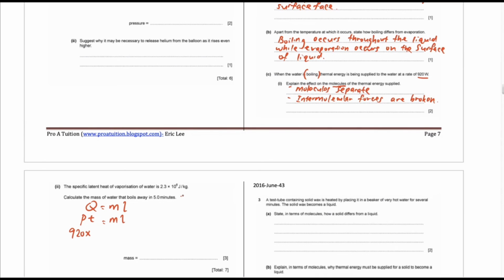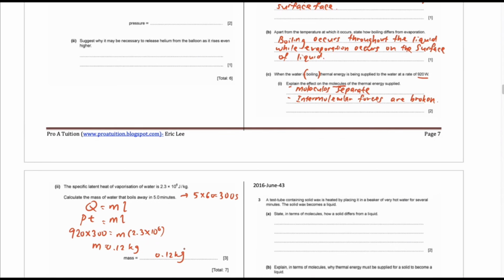For time, 5 minutes means 5 times 60 equals 300 seconds. We have to use the SI unit. The mass is unknown. The L is 2.3 times 10 to the power 6. Then we rearrange and calculate, and we get 0.12 kg. So this is the amount of water that boils in 5 minutes.